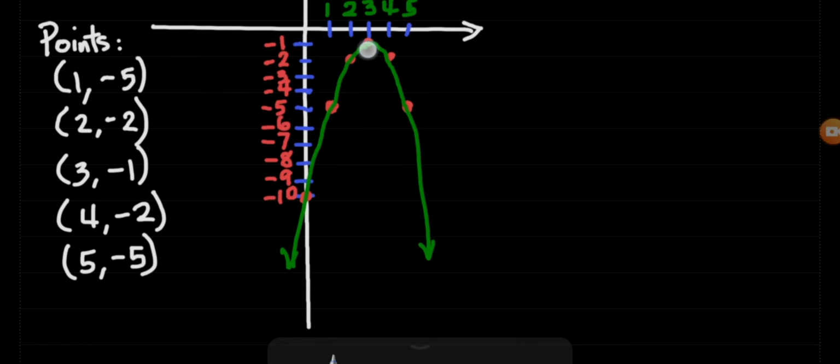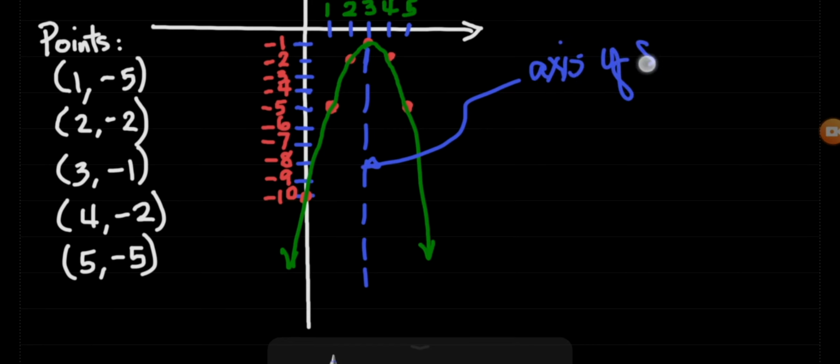And this is the axis of symmetry, which is equal to the x-coordinate of the vertex, which is 3.